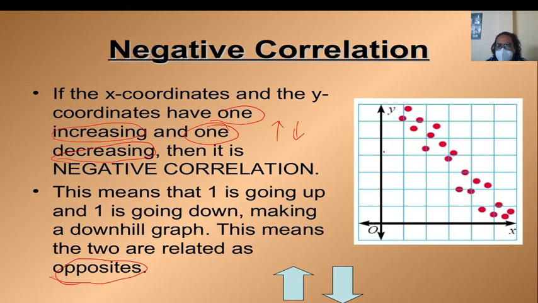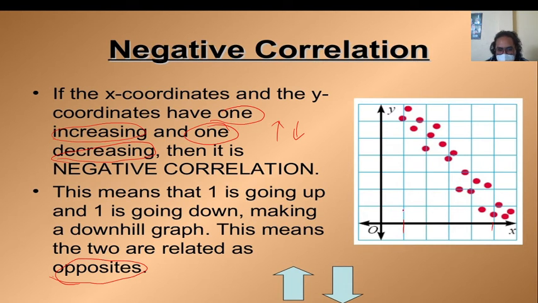Here, the graphical representation of negative correlation. Yan, as x is 1, si y natin is 5. Ito naman, kapag si x natin ay 5, yung y natin ay 0.5.